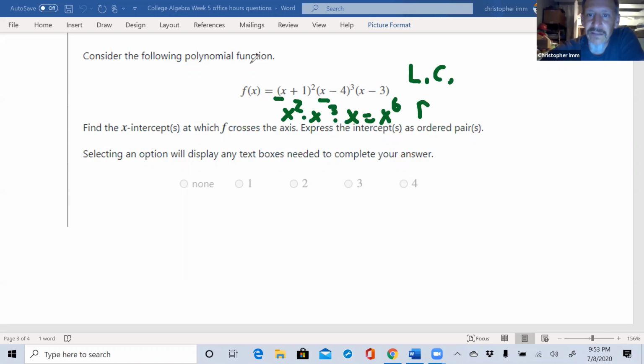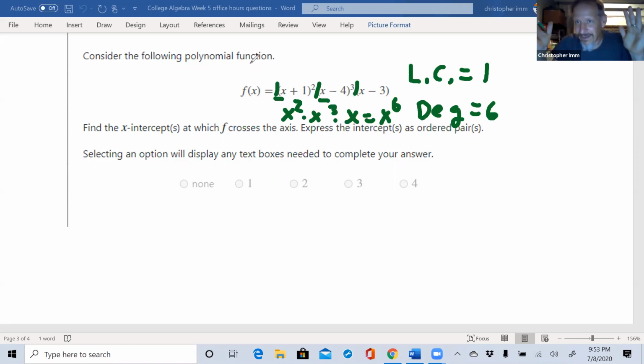So the degree is equal to 6, that highest power. The leading coefficient, it's all 1 squared, 1 cubed, and 1, all this together, it's just 1. So remember, even degree, like a parabola, leading coefficient opens upward, so it's going to look like this on the ends. That's the end behavior. It's going to go to infinity on both the left and the right.